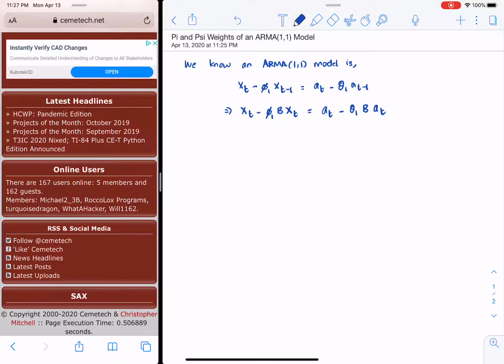And we have x_t in common, so if I pull that out, I'd have (1 minus phi_1 B) x_t equals a_t times (1 minus theta_1 B). So the characteristic polynomial for the AR part is 1 minus phi_1 B, and the characteristic polynomial for the MA part would be 1 minus theta_1 B.